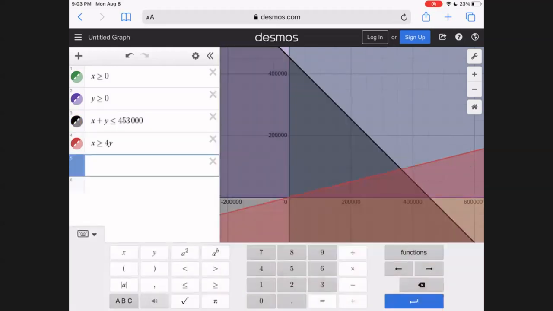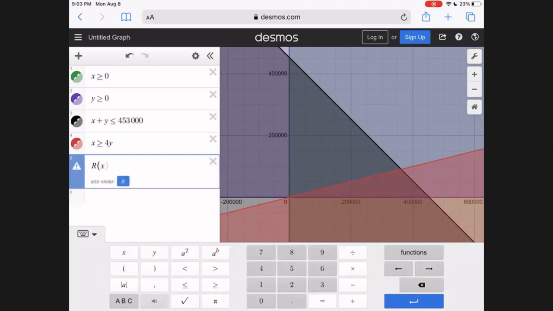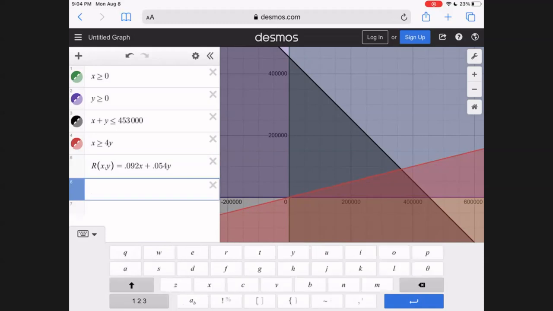So we said that our return, so I'm just going to use R, was what? So we said it's 9.2%, so 0.092 of x plus 0.054 of y. So let's evaluate those 2 points.